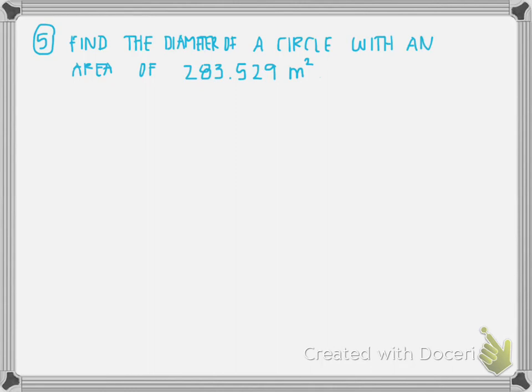Okay, so let's look at this one here. This one says find the diameter of a circle with an area of 283.529 meters. So I want to find the diameter when I know what the area is.